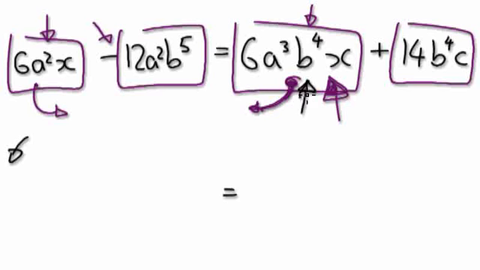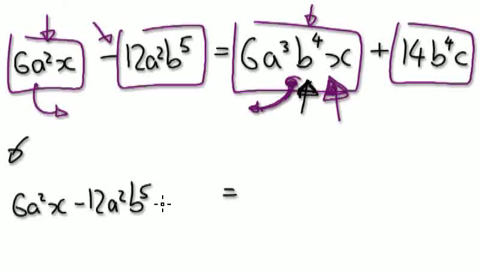You're taking away this block here inside your mind. Okay, so hang on, 6a squared x minus 12a squared b to the power 5, take away 6a cubed b to the power 4 x equals, hang on, let me just move the equal sign here.